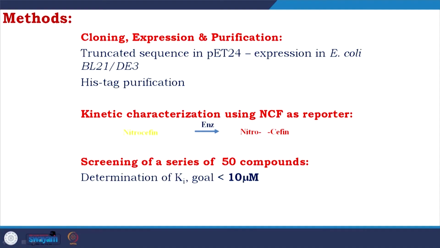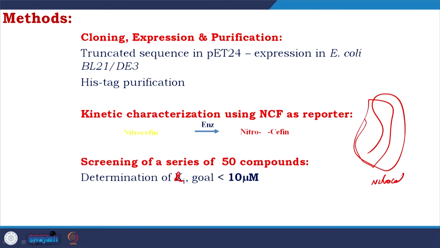So, we put a criteria, the Ki, the inhibitory constant of the inhibition. So, how is the inhibition measured? First important question. So, the enzyme is there, nitrocefin is a cephalosporin, which means it could bind to the enzyme.